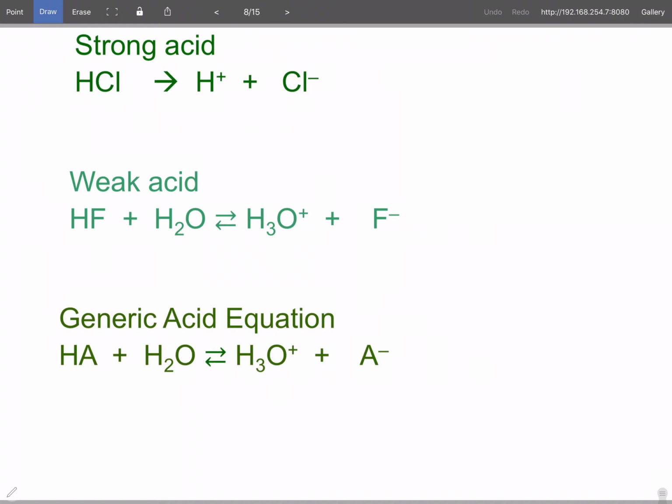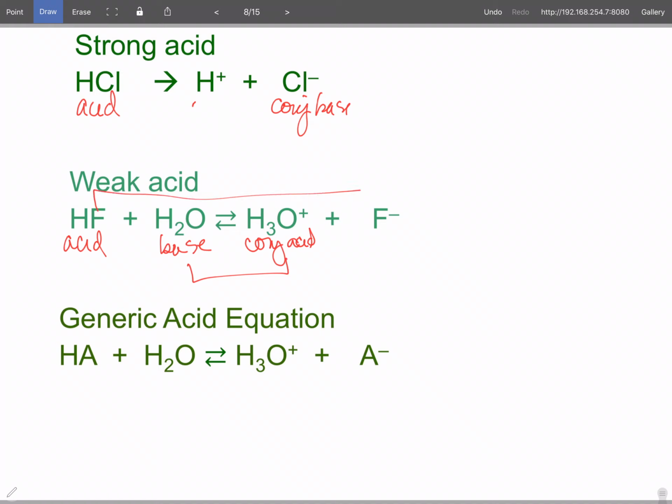So back to our strong acid, when we have our acid and it dissociates, then this would be the conjugate base of the acid. This is my weak acid. This is my weak base. So this would be the conjugate acid to the base. These pair and these pair. So this would be the conjugate base.